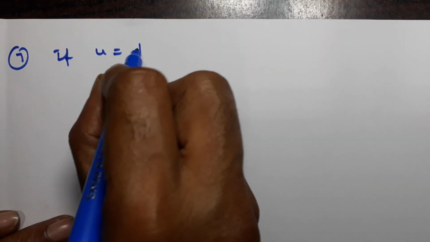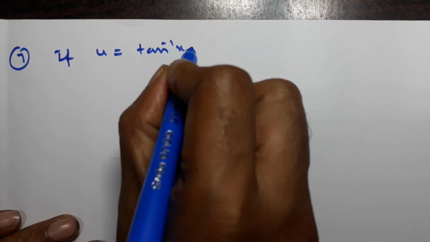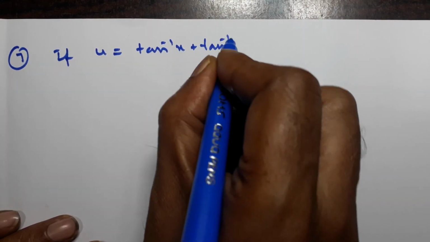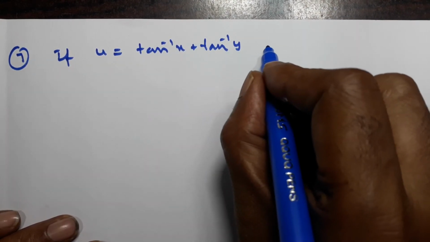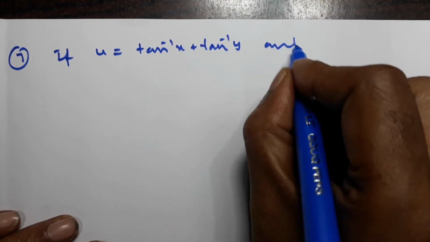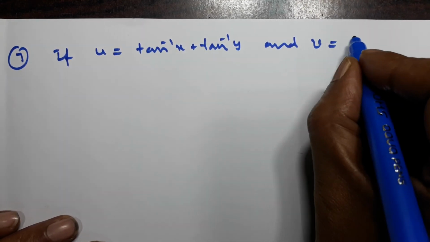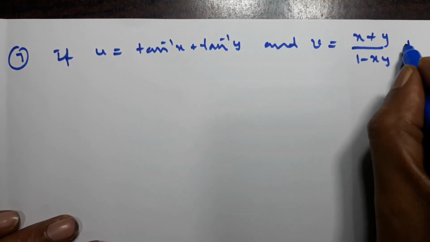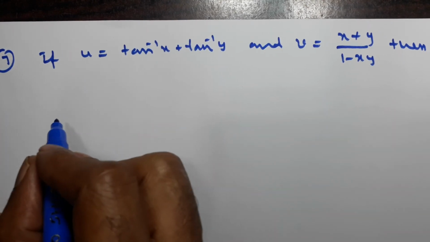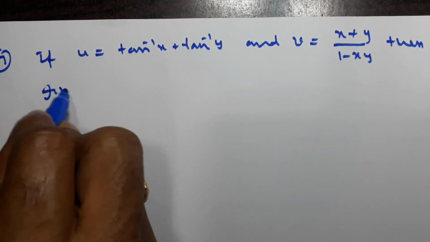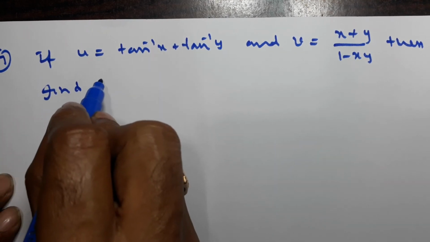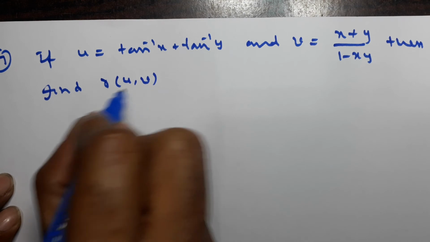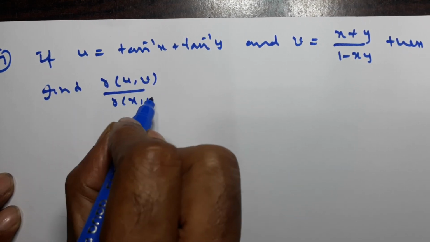Seventh problem: if u is equal to tan inverse x plus tan inverse y, and v is equal to x plus y by 1 minus xy, then find dou of u comma v divided by dou of x comma y.